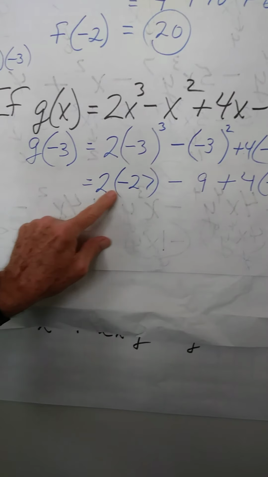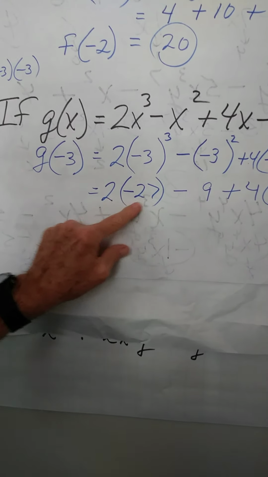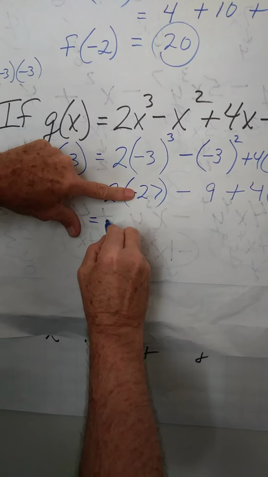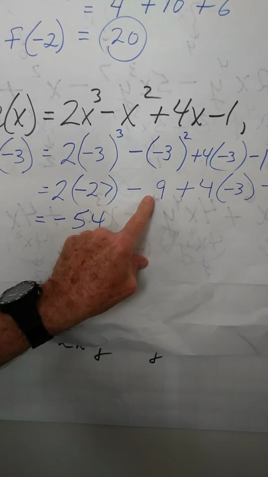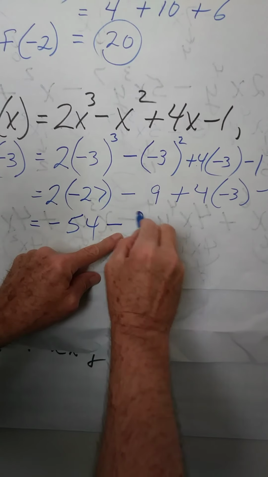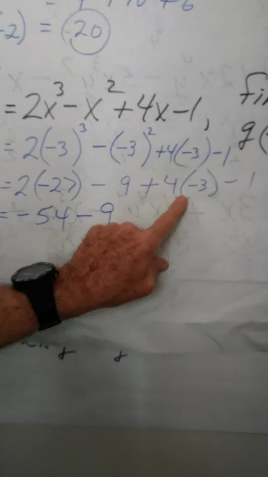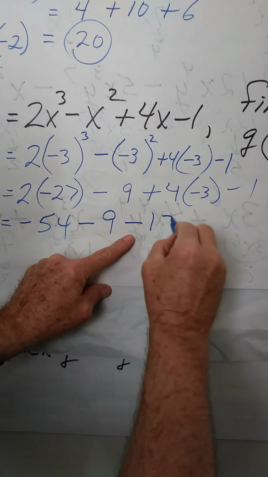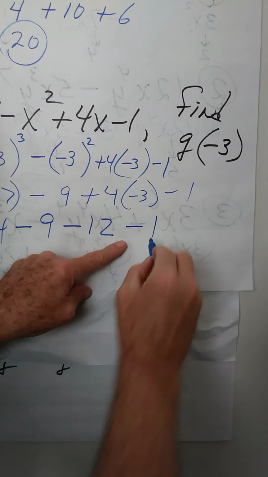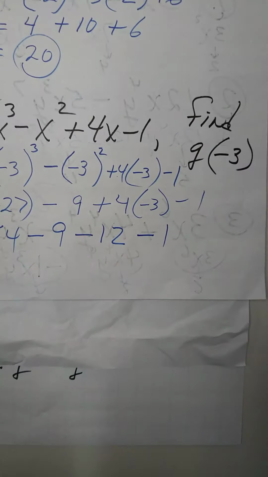We'll multiply here. Positive times negative. Negative 54. Just bring down this negative 9. That's really what it is. Multiply this positive times that negative. That's a negative 12. And the little caboose is negative 1.